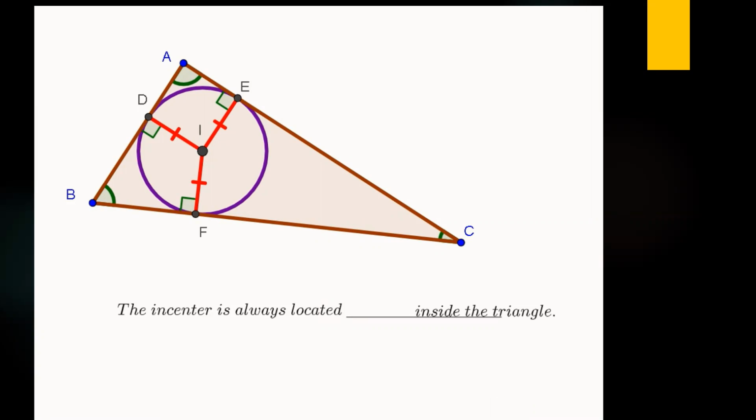Now, where is the incenter always located? Remember, the perpendicular bisectors' circumcenter, I told you it could be located outside the triangle or inside. The incenter, which is related to the angle bisector, is always located inside the triangle.